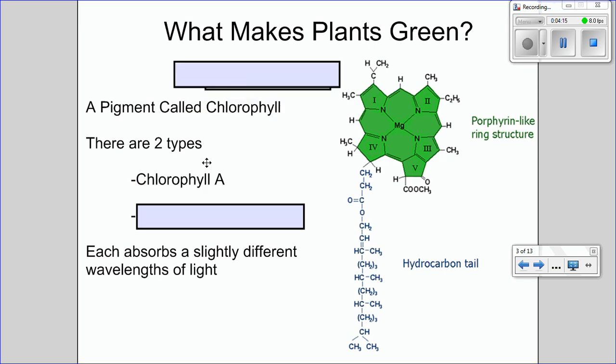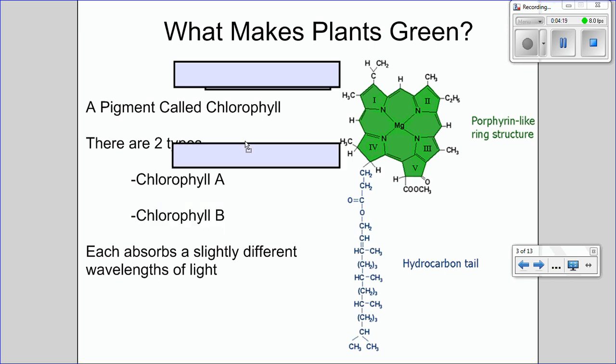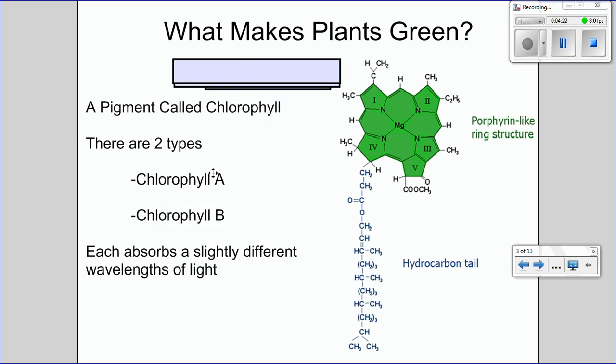There are 2 types of chlorophyll. You have chlorophyll A and you have chlorophyll B. They slightly differ in one of their side chains here. You don't need to know that. But the thing that is important, so you should make note, is that each type of chlorophyll absorbs slightly different wavelengths of light.